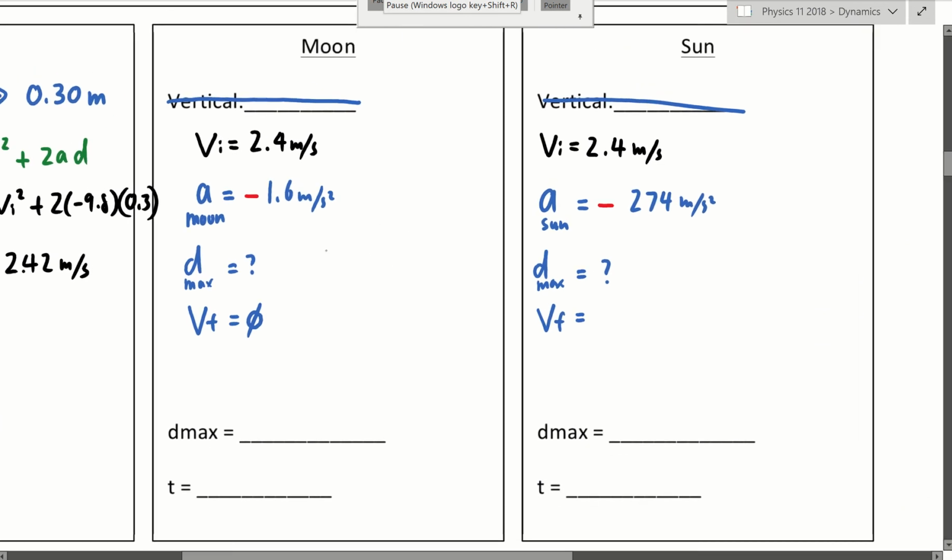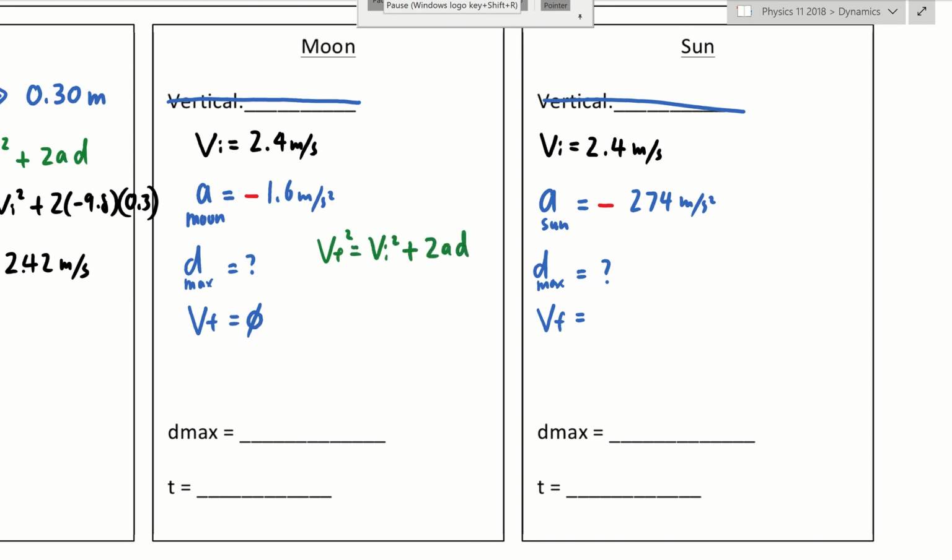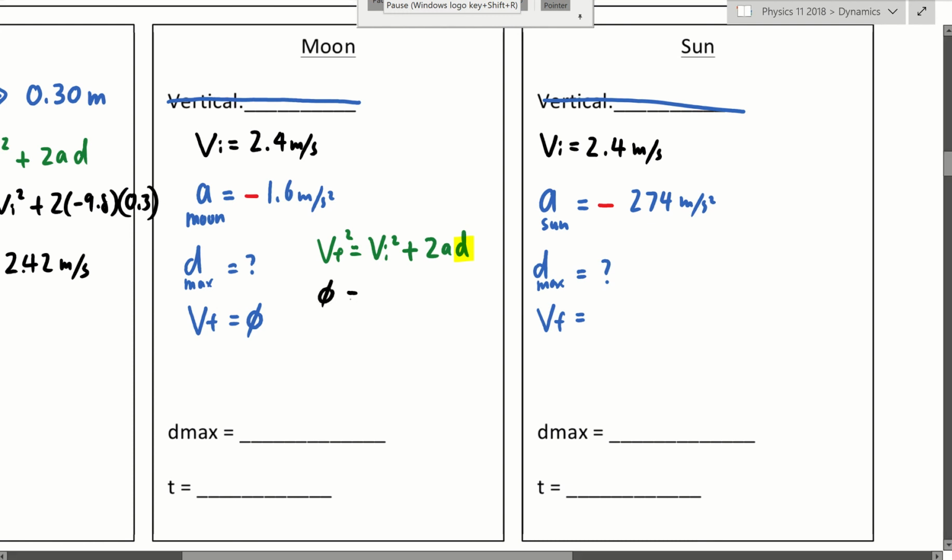V final squared equals V initial squared plus 2AD, when we are solving for D, okay? And that's it. So V final is 0, V initial is 2.42. Yeah, 2.42.